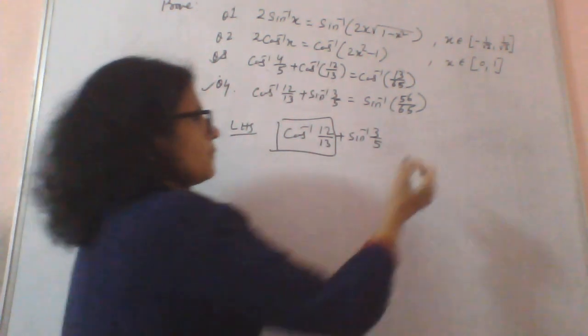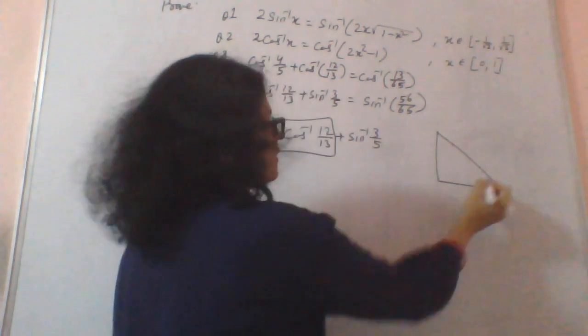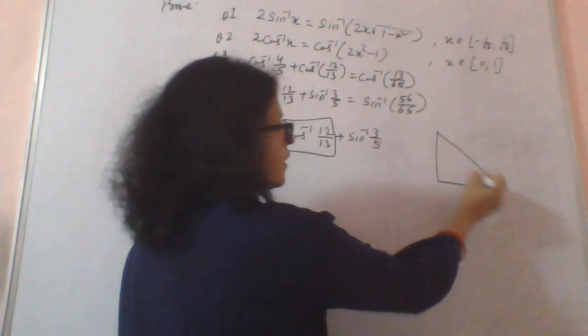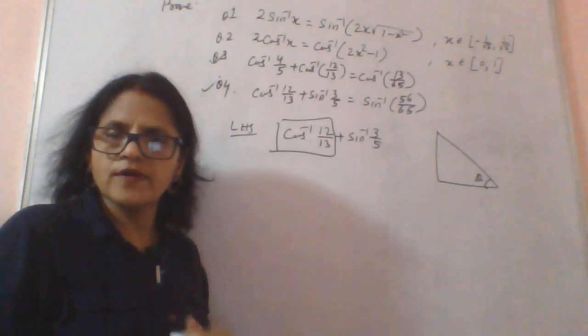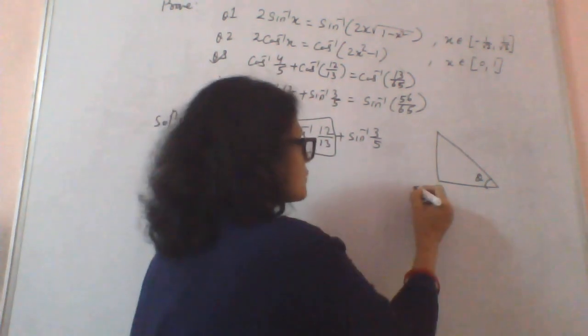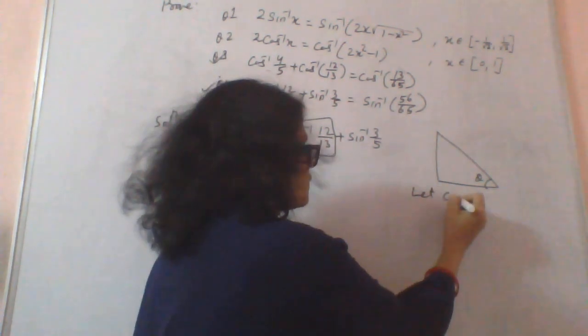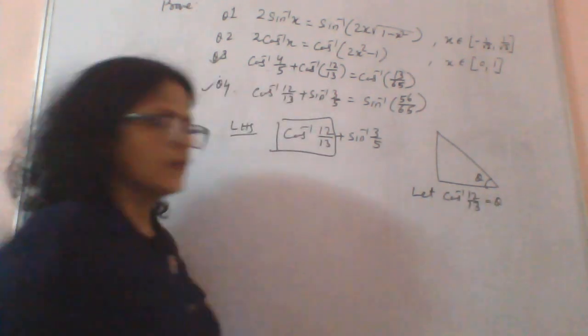Here the concept comes of how to convert one inverse trigo to another. Let me take the triangle method. I think earlier we have done one question on this. Suppose you have theta here. Now we want to convert cos inverse to sin inverse. So let cos inverse 12 by 13 equal theta.